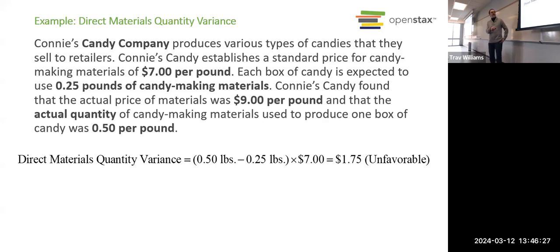So what we're saying is we're supposed to be using a quarter pound of candy per box. For some reason, we're putting a half pound. That's a pretty big difference. But for some reason, that's what we're doing. So we're using a lot more material than we're supposed to. And the amount that we're using in excess times the standard rate comes out to $1.75 of extra material per box.